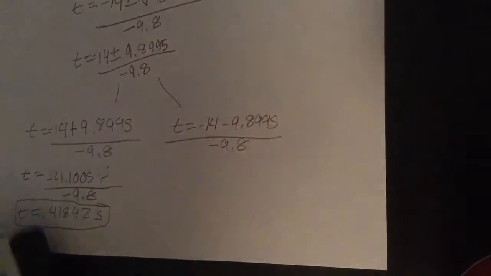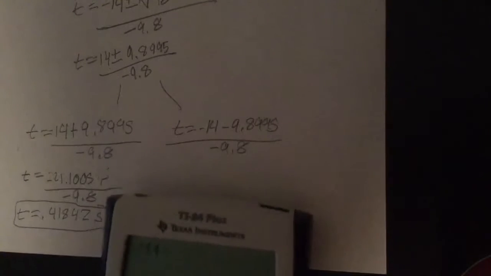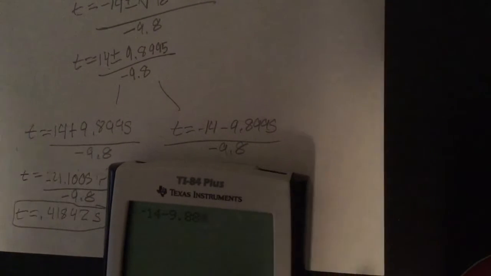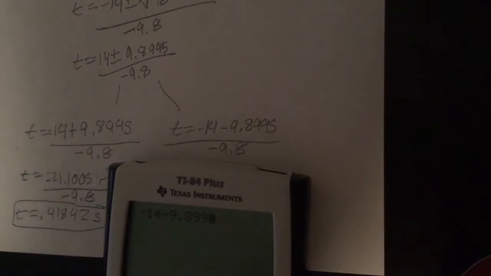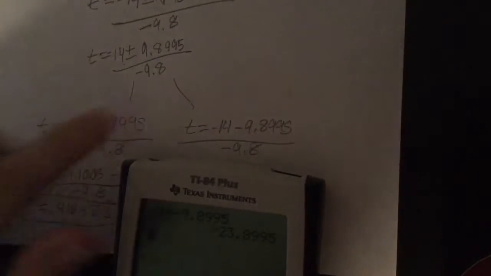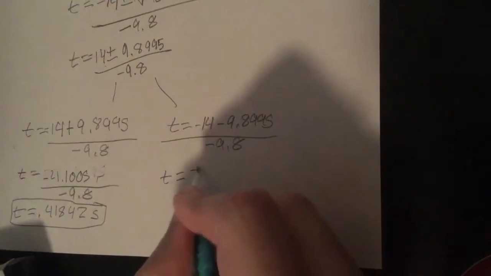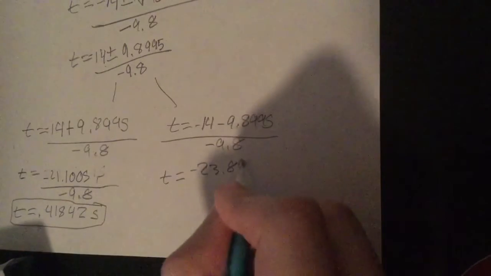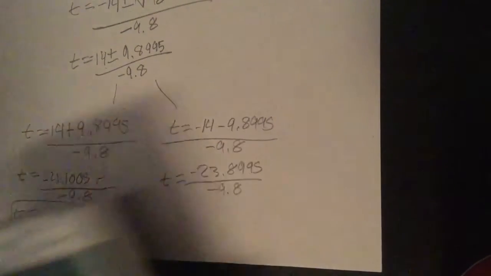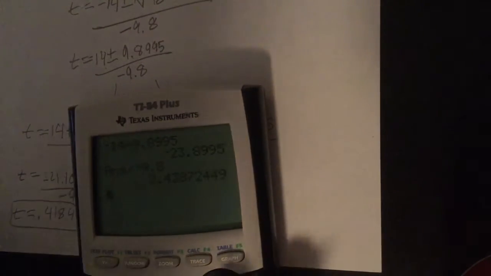So negative 14 minus 9.8995, we're going to get negative 23.8995, divided by negative 9.8.